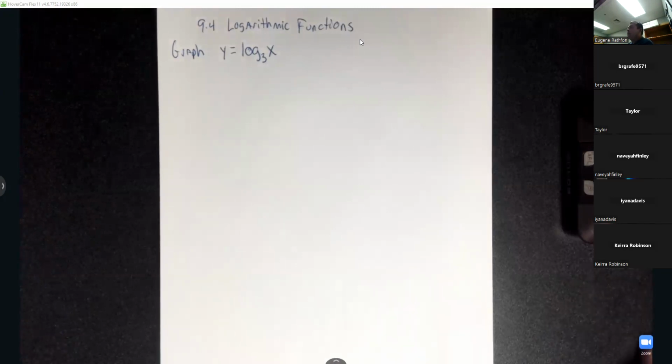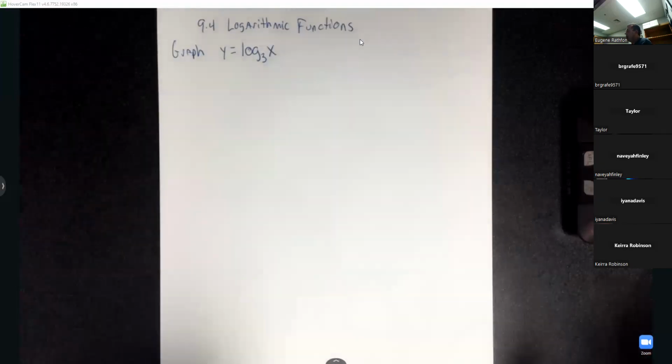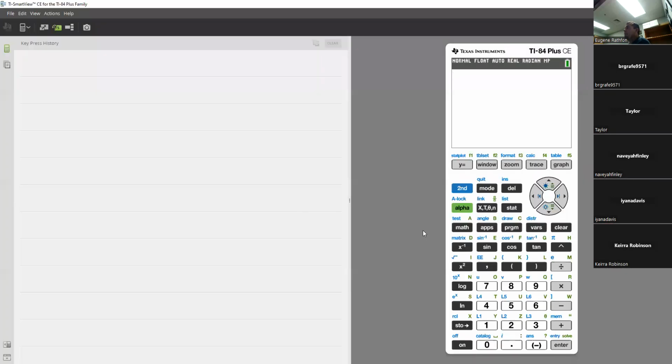All right, so I'm gonna have to show y'all two ways depending on how old your calculator is. Let me go to my calculator and show you how I would graph this. I'm gonna go to y equals. If you got a newer calculator, because we're doing a log base 3 of x, when you hit math and arrow down, newer calculators will have a log base right there.